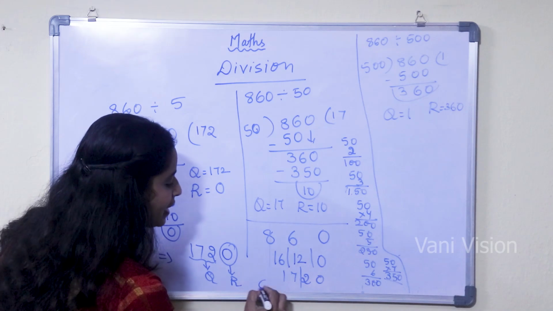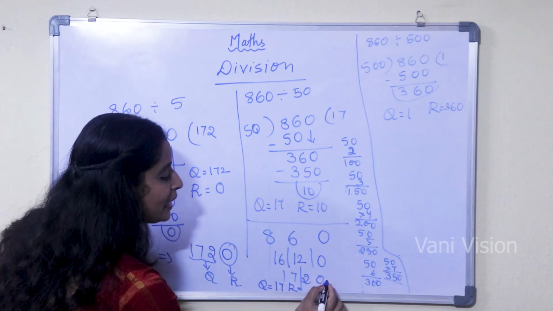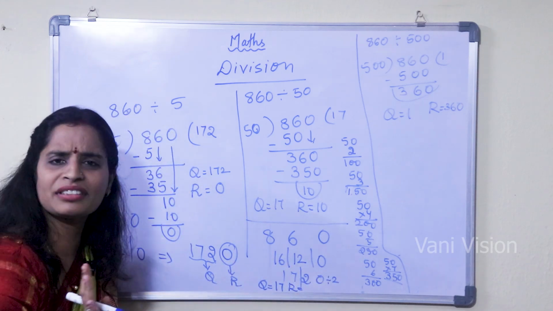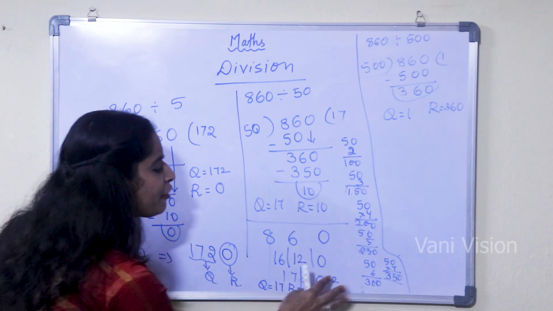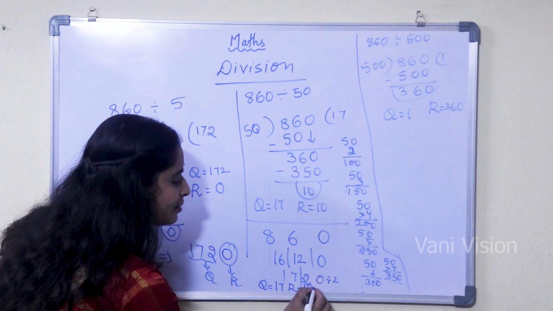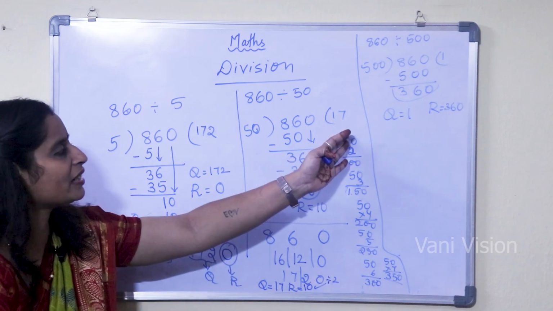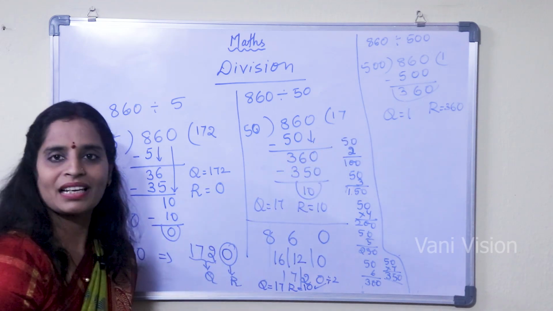Then our quotient is what? 17, and our remainder should be divided by 2, or else we should write half of it. Half of 20 is what? 10. So what is our answer? Our quotient is 17 and the remainder is 10. Clear? Easy, right?